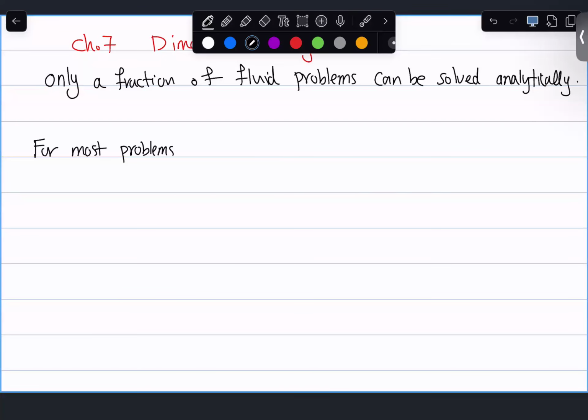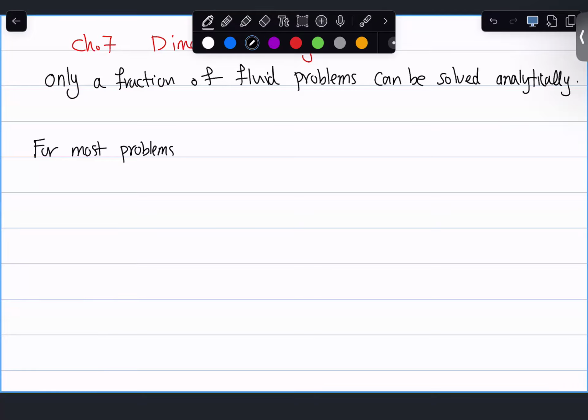Let's say you want to calculate the force on an airplane wing. How do you do that? Model, someone said? So you can model it, right? And there's two ways to model a problem. One is numerically using CFD, computational fluid dynamics. The other way is you do it experimentally, right? So you set up an experiment.